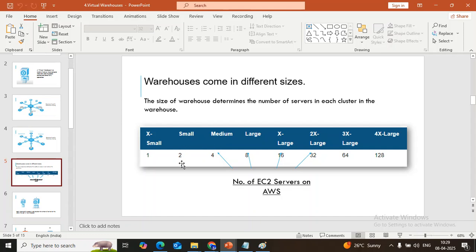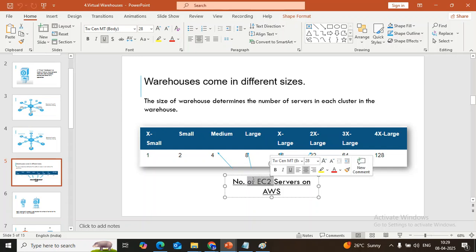Here we took the example of AWS, because we set up our Snowflake account on AWS. The AWS server is known as EC2, while Microsoft Azure calls its server a virtual machine.